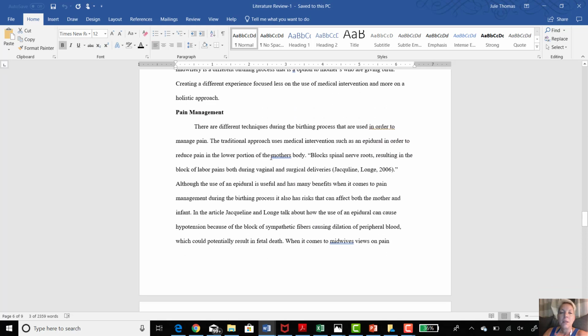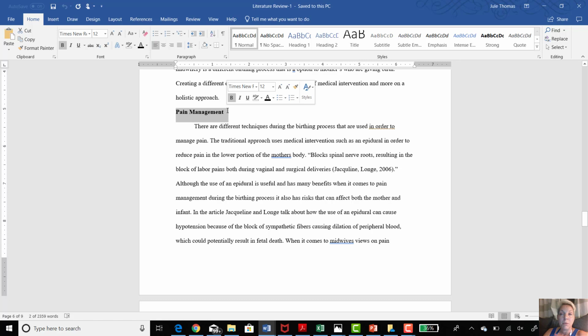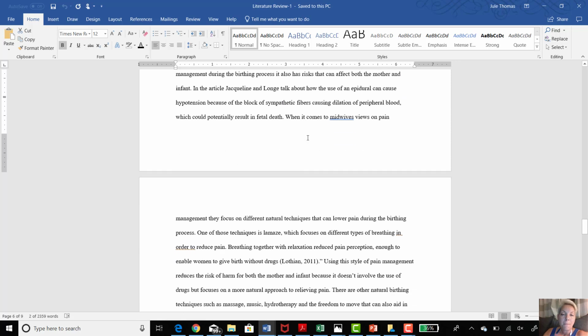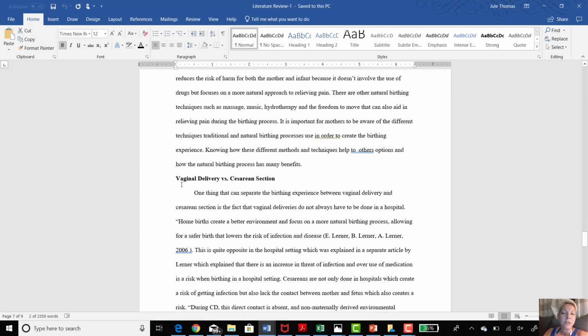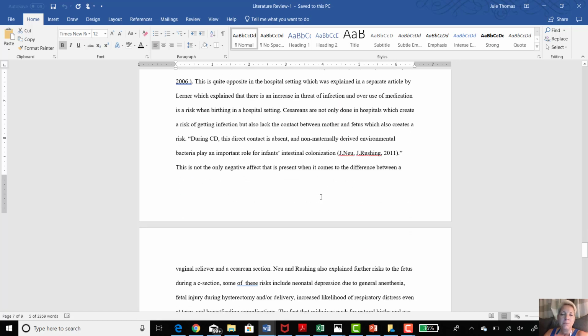And then the student goes into a subset of the differences between traditional versus non-traditional delivery practices, to look at pain management and how the two differ, or which one is better than the other. And then, more and more specific, the student goes into when or how there are vaginal versus cesarean sections between midwifery and traditional delivery practices.